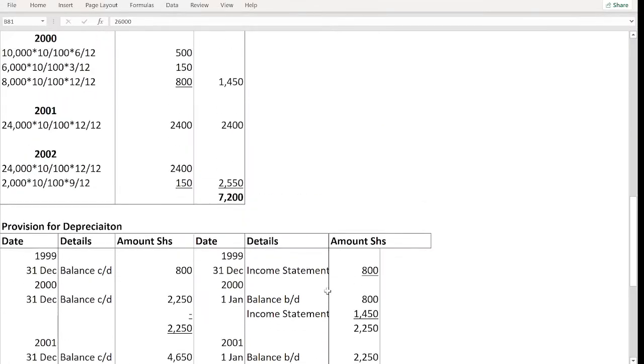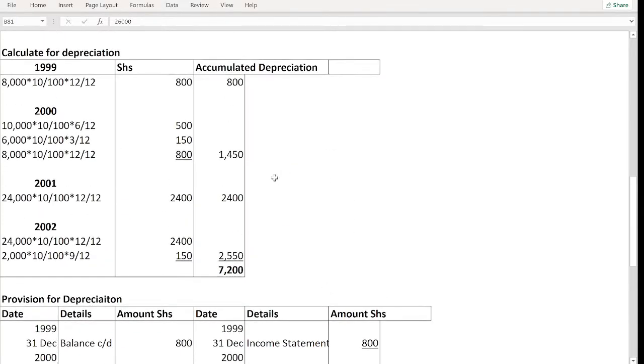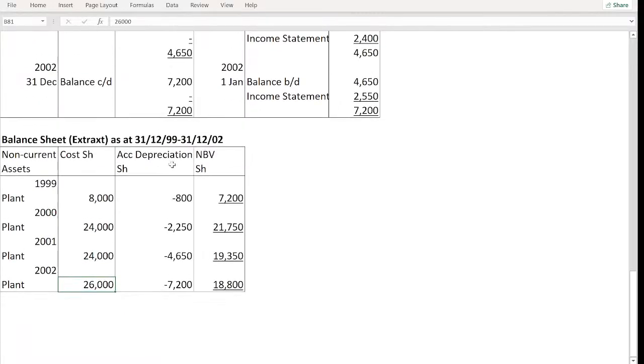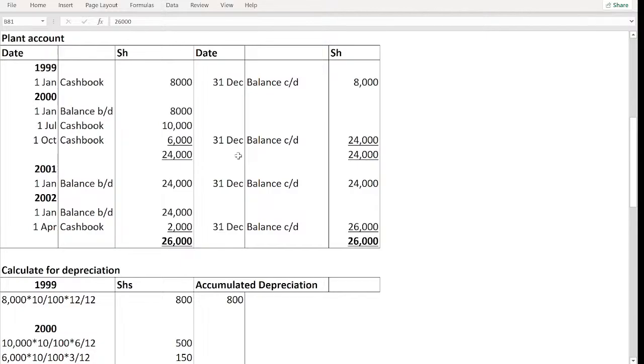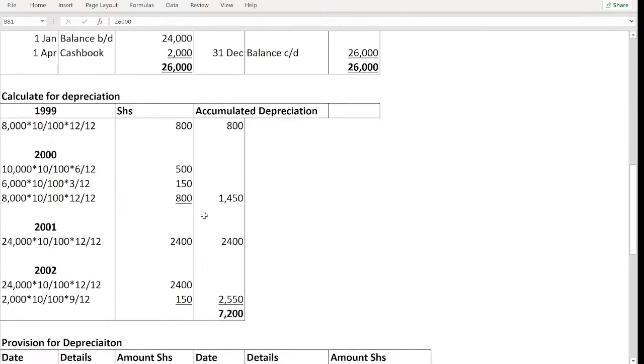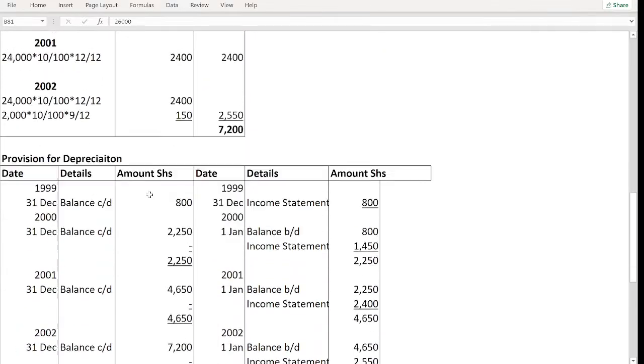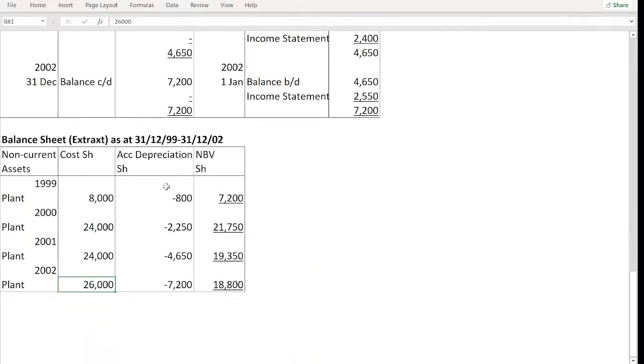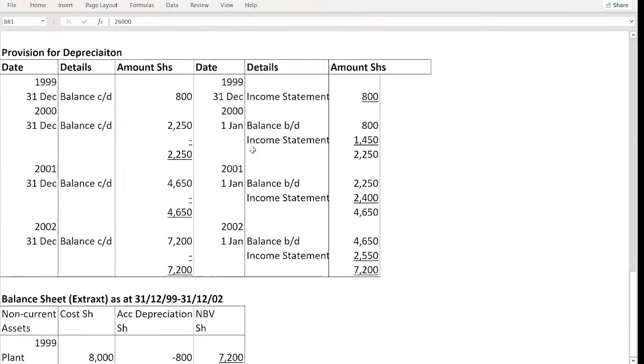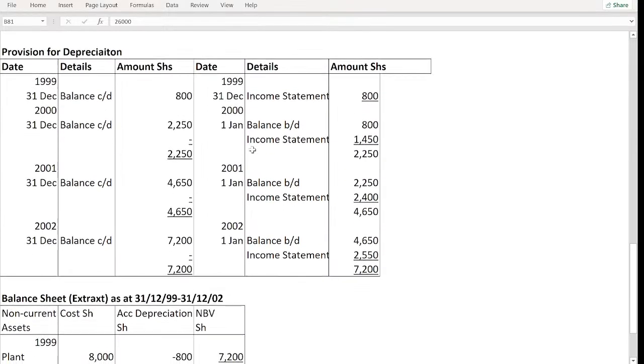Then we are going to get the accumulated depreciation. No, the accumulated depreciation, we are going to get from the provision of depreciation. I'm sorry for that.